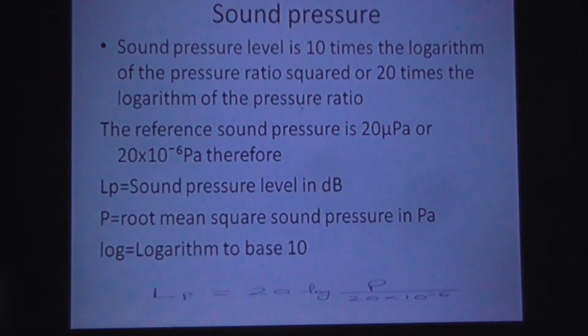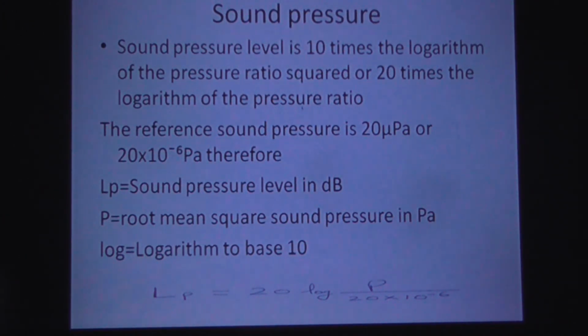Next, friends, sound pressure. Now, what is sound pressure? The measurement of sound pressure level, how we do the measurement of sound pressure level. There is a formula. Sound pressure level is 10 times the logarithm of the pressure ratio squared, or 20 times the logarithm of the pressure ratio.